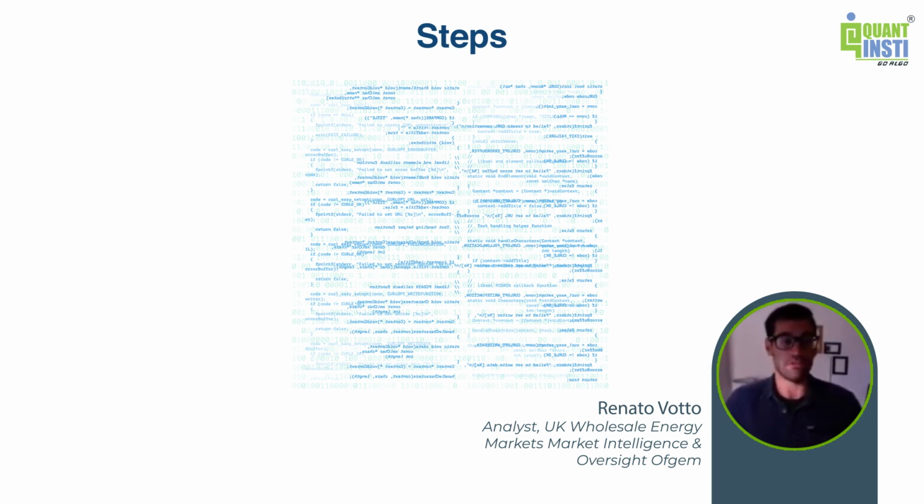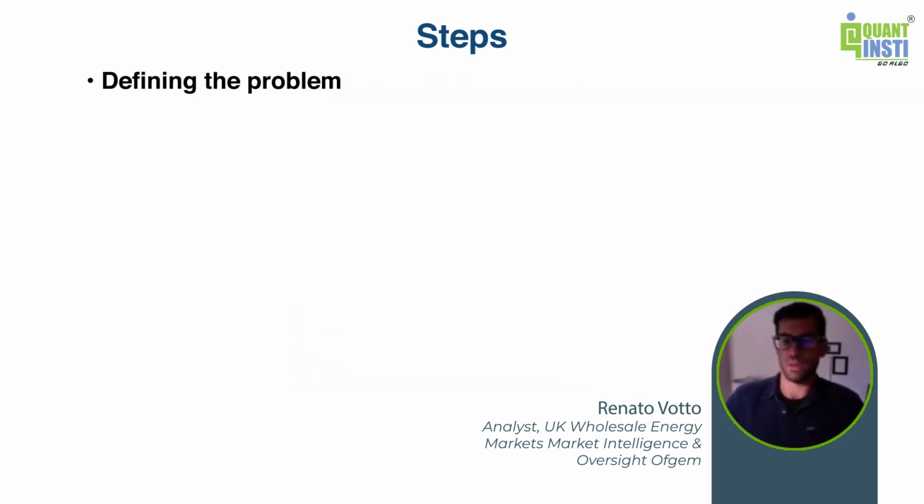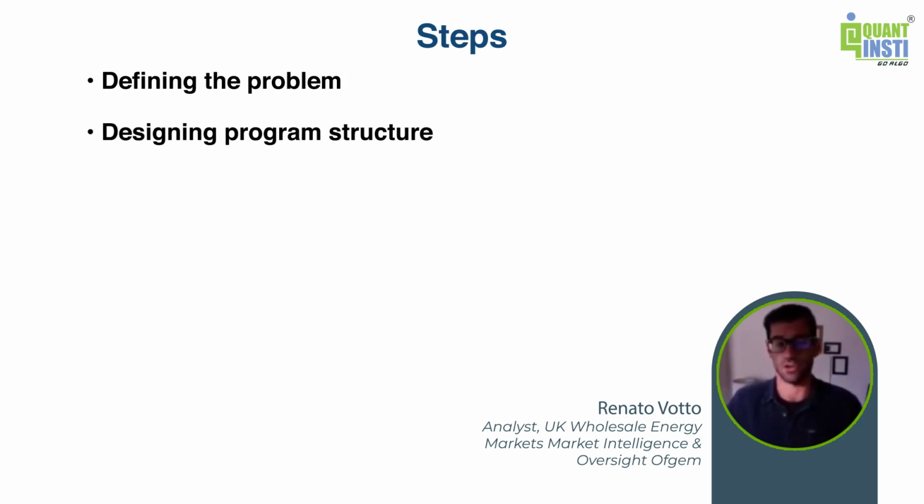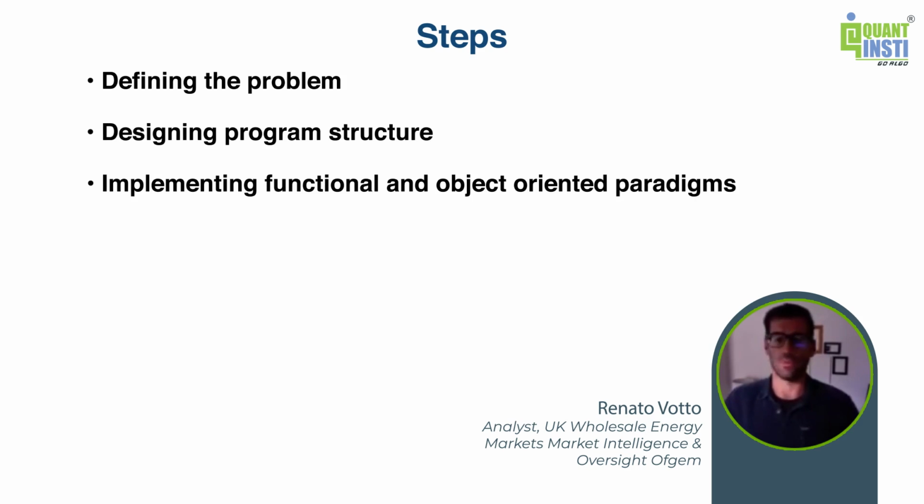But the steps that I really followed was defining the problem, which is going from the data to price data to the final predictions. Designing a program structure. How do you want to design and implement the program? How do you want the program to look and to be used? And then, using functional and object-oriented paradigms, which are very common within the software development industry.